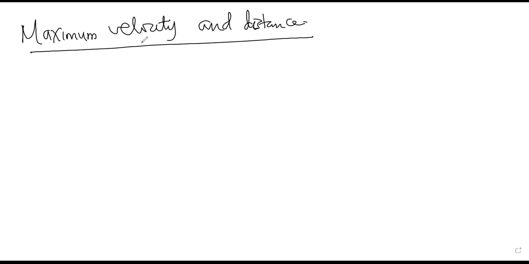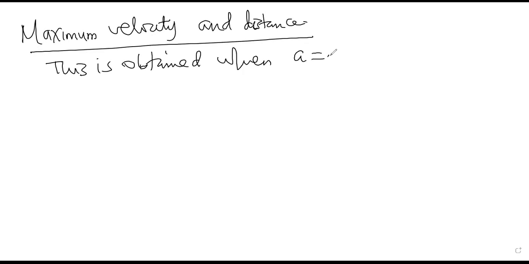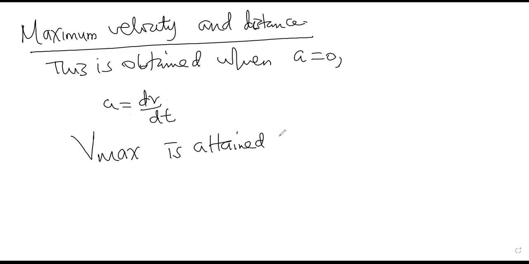This is attained when the acceleration is equal to 0. But we know that acceleration is the rate of change of velocity, dv/dt, meaning that for maximum velocity, v maximum is attained when dv/dt, which is acceleration, is equal to 0.